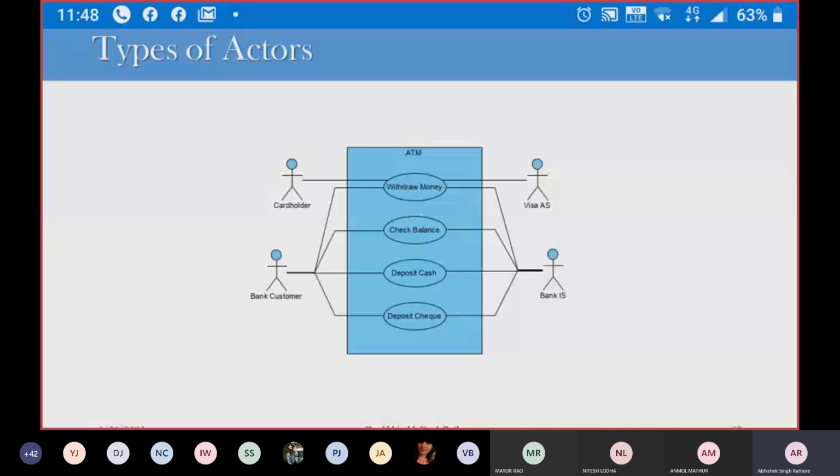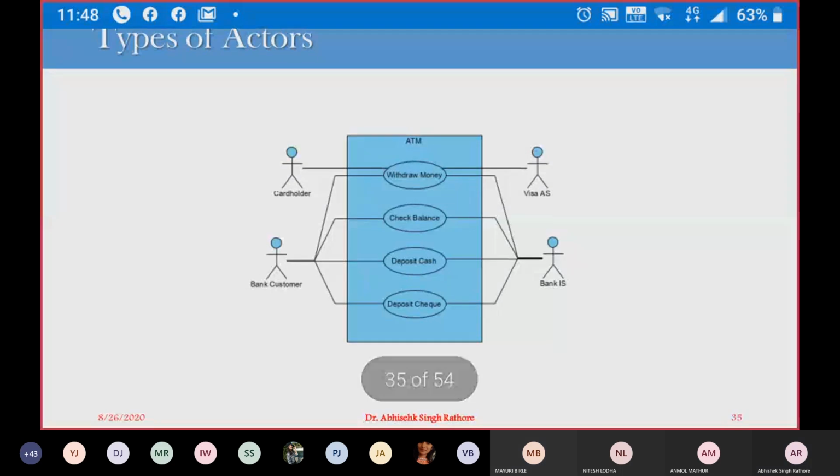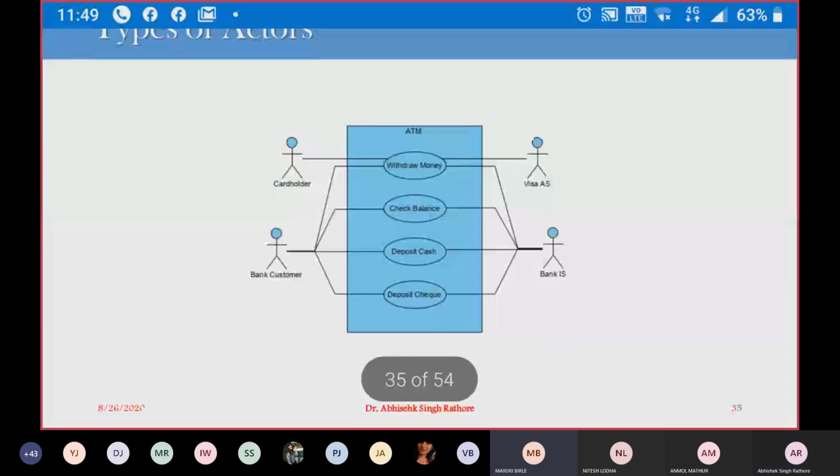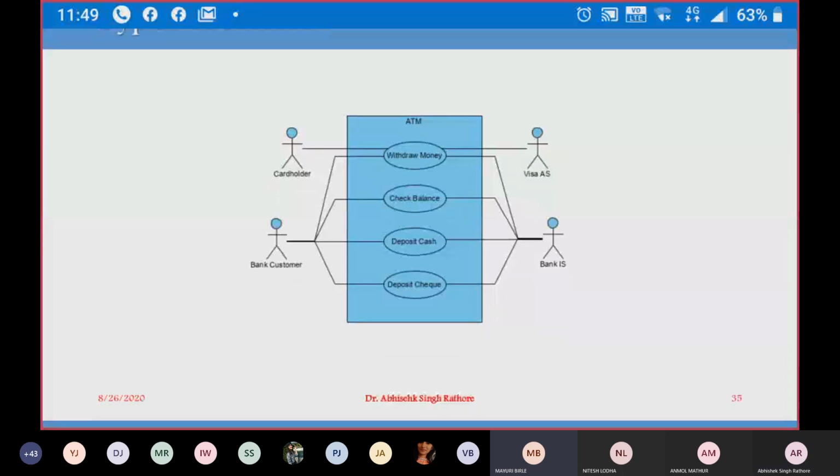The main actors are the bank customer. Okay, then. And sir, card holders may be the supporting actors. Okay, fine. Sir, it's not compulsory that the card holder is always there. The bank customer is the permanent one, so he may be the main actor.